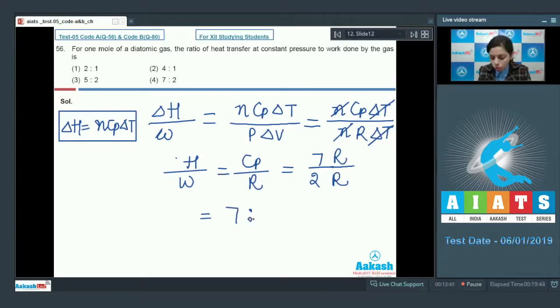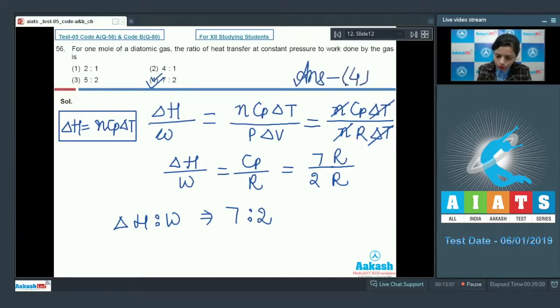That would be 7:2. This is the ratio of heat content and the work done. So this ratio is clearly given in option 4, and we'll choose it as the correct option. And now let's take question number 57.